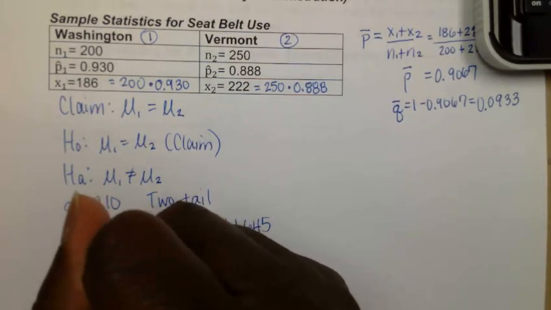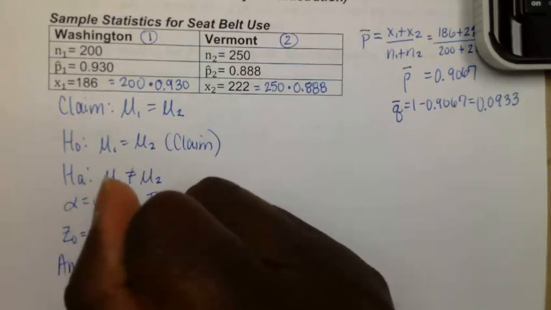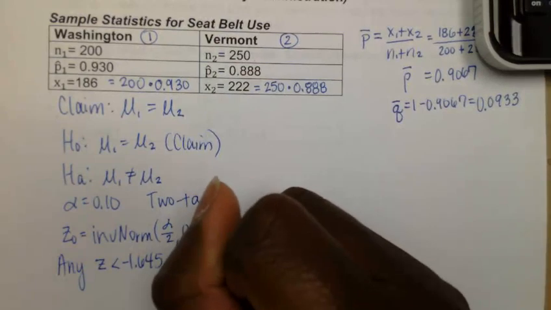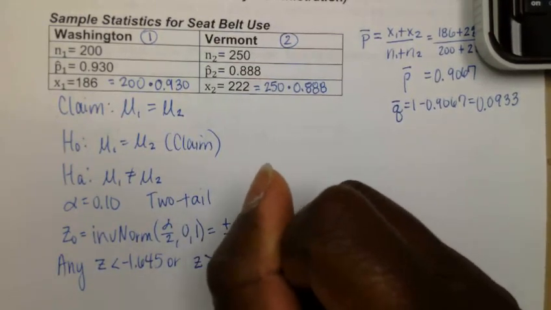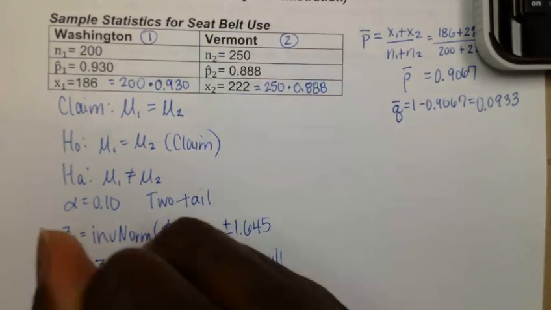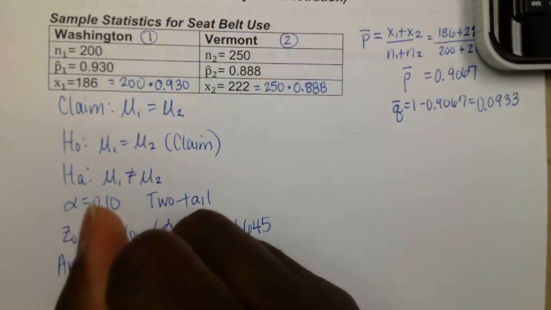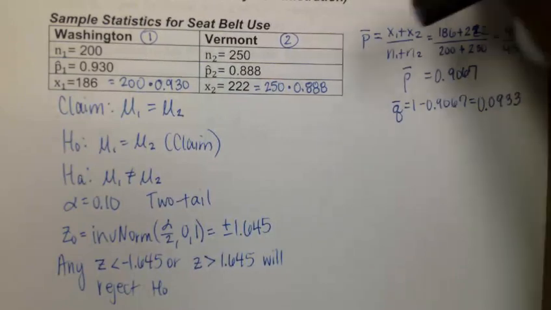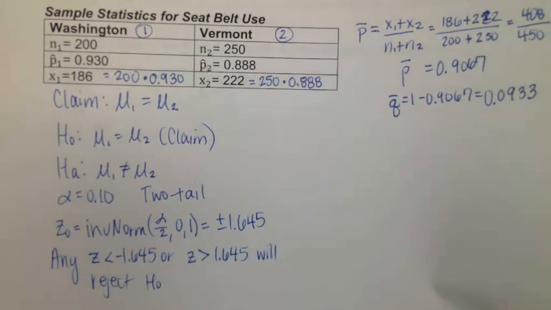Any z less than negative 1.645 or any z greater than 1.645 will reject H0. That is our rejection region if you're using the formula.